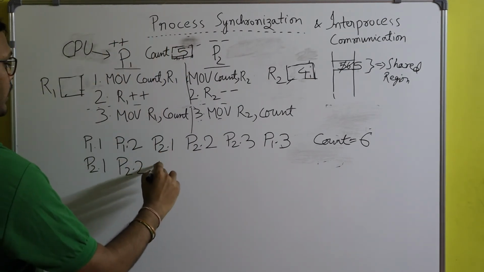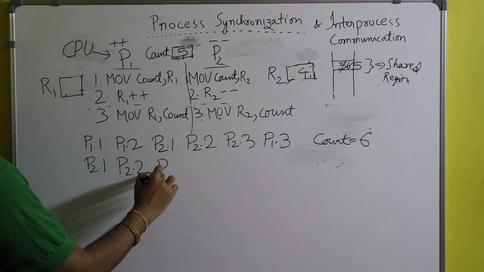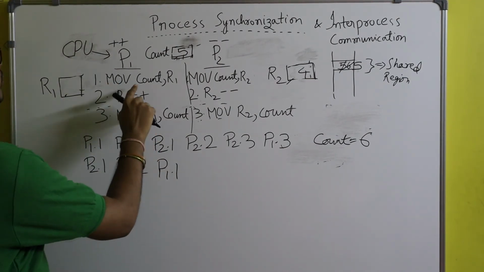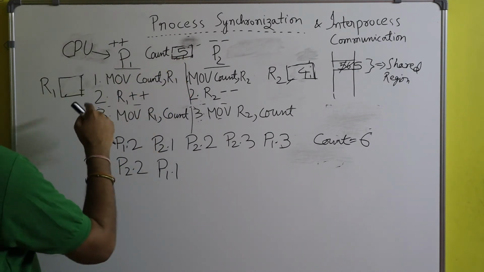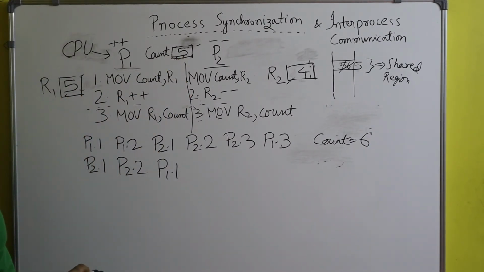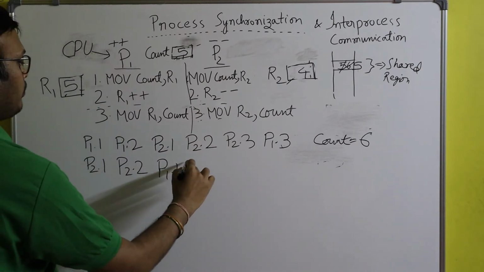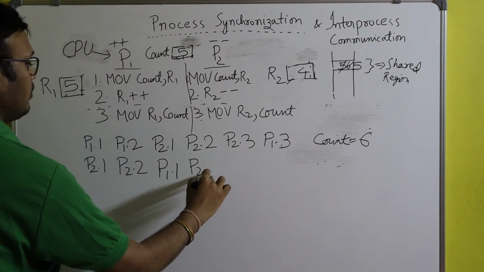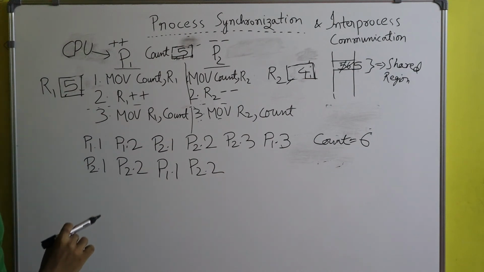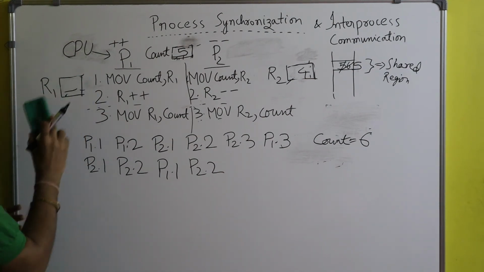So P1 will execute line number 1: it will move the value of count to register R1, which is 5. Now P1 will perform its line number 2, R1 plus plus, so the register value will become 6.